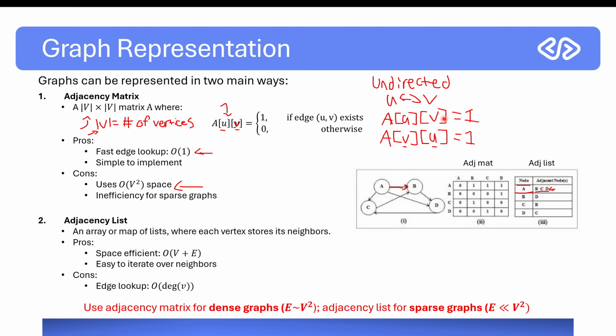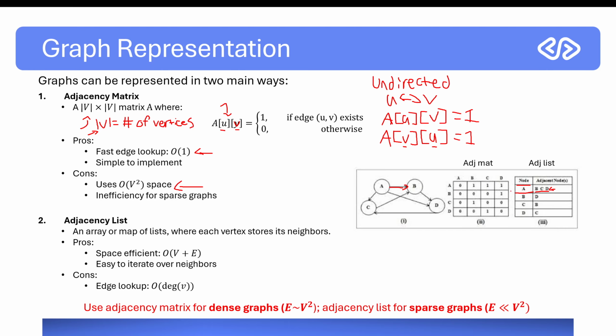Is it E plus E, not just E, for the list representation? It's V plus E. Let me draw it out.